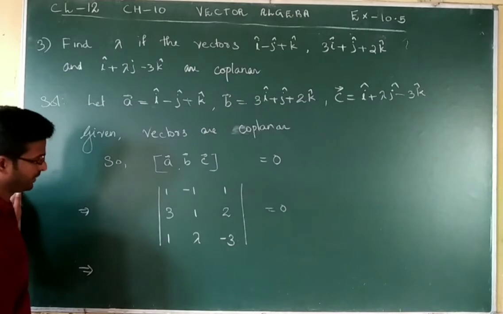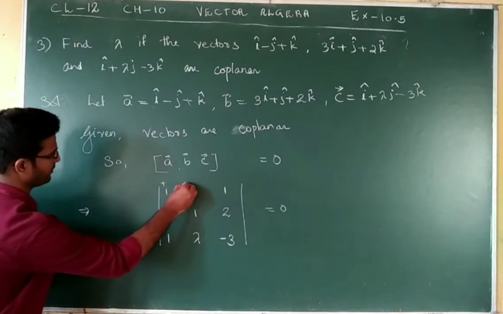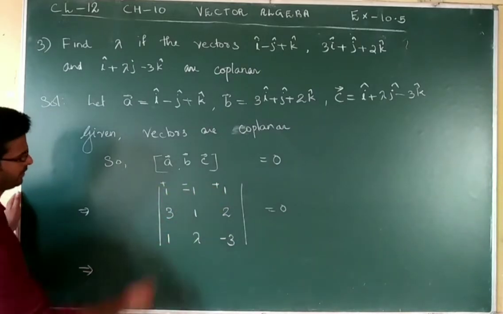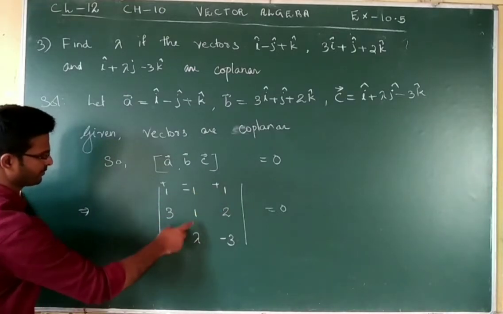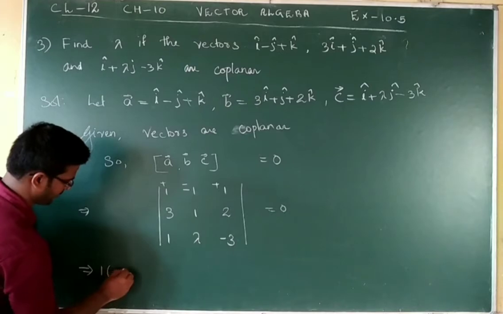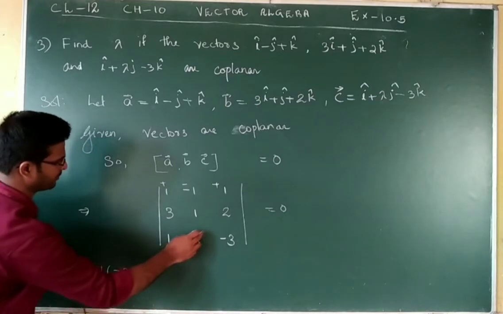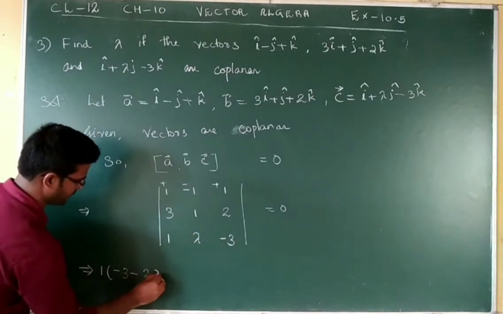We can take the determinant. First in here plus, next will be minus, next will be plus. Plus 1 into, leave first row, first column, then 1 into minus 3 is minus 3, minus lambda into 2 is 2 lambda.